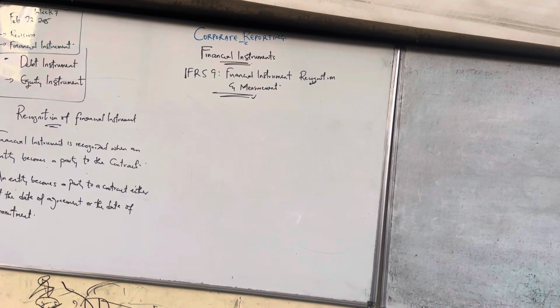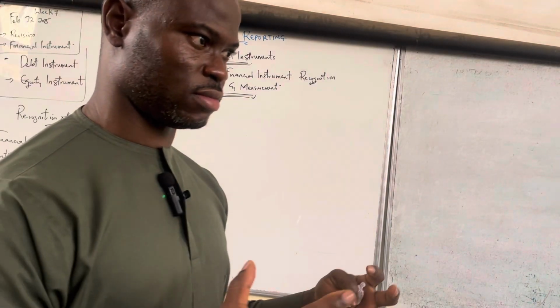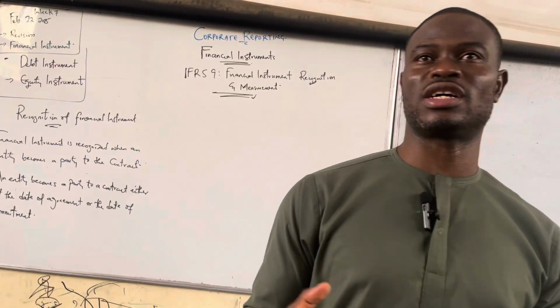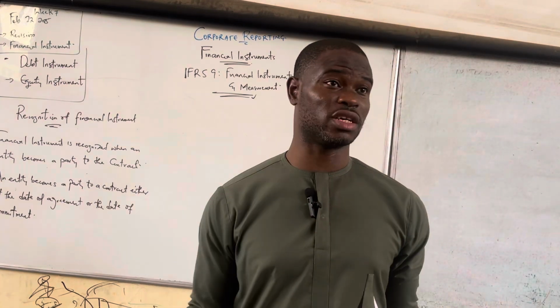So there is commitment already. Or probably there is a firm agreement. There's an invoice, not just the invoice itself. We don't work with the level of invoice. It has to go a little beyond that. Either at the date of commitment or the date of agreement.